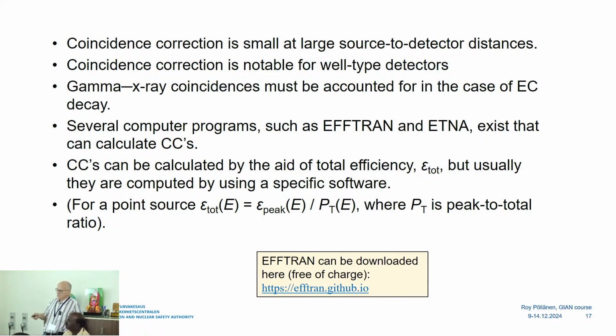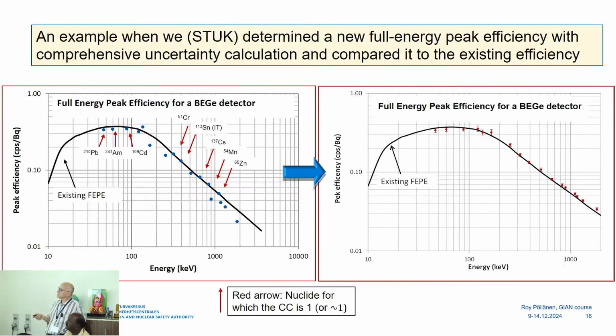I mean, learning how efficiency behaves in different cases. So this is an example if we don't take into account coincidence correction.